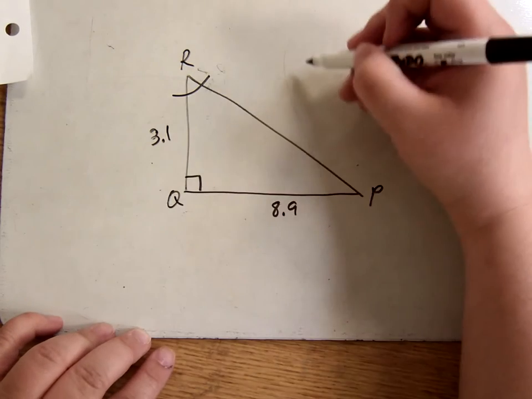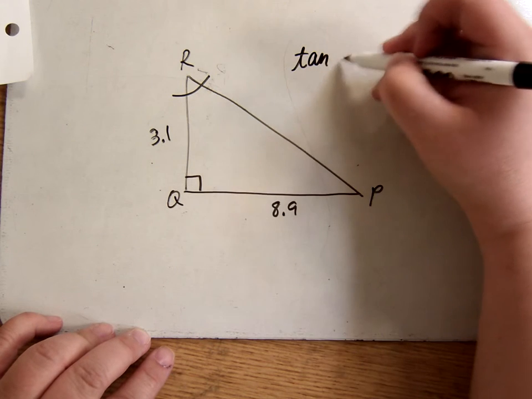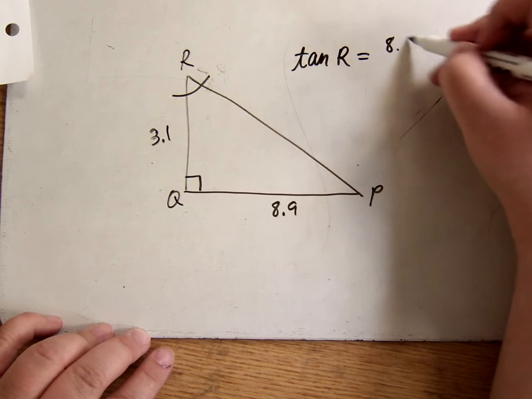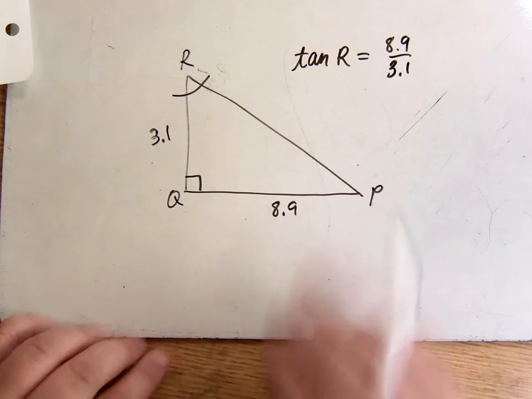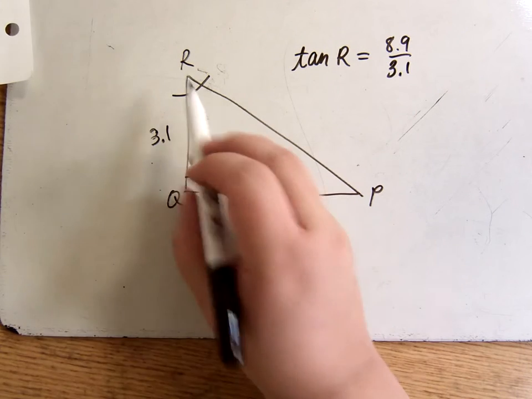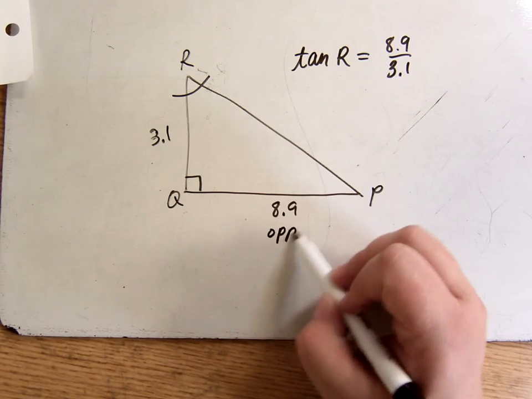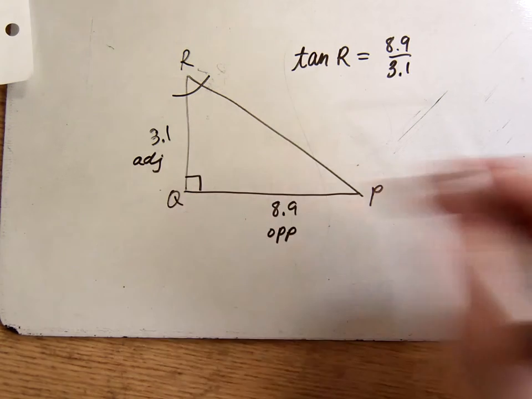So for angle R, tangent of R equals 8.9 over 3.1. And I knew to use the tangent because for R, this is the opposite side, this is the adjacent side.